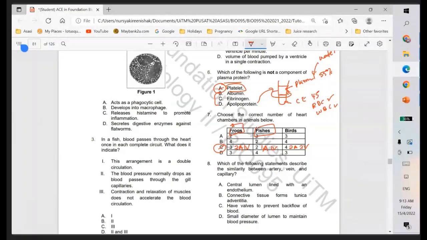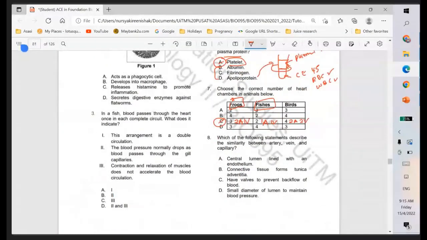So in order to aid the movement of blood in the systemic circuit, the swimming motion of the fish will help in the flow of blood and return it back to the heart. Okay, so ikan kena bergerak lah, it has to swim.